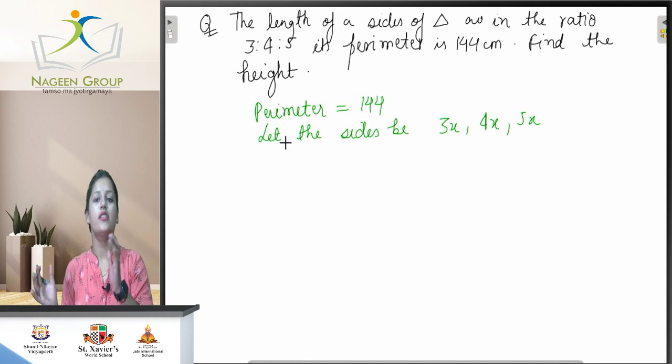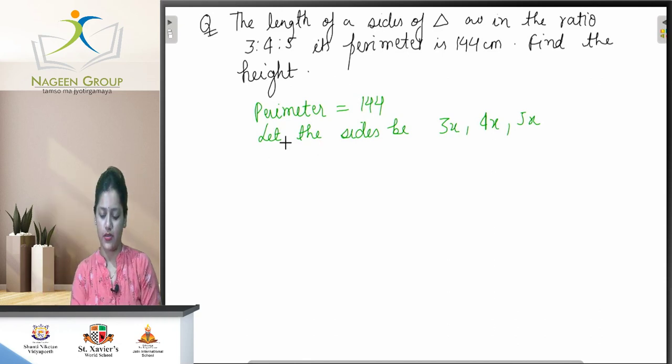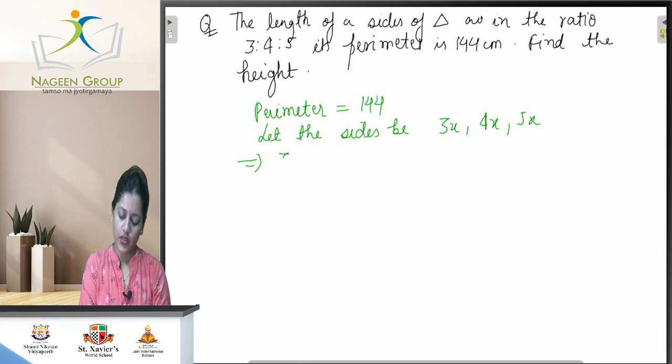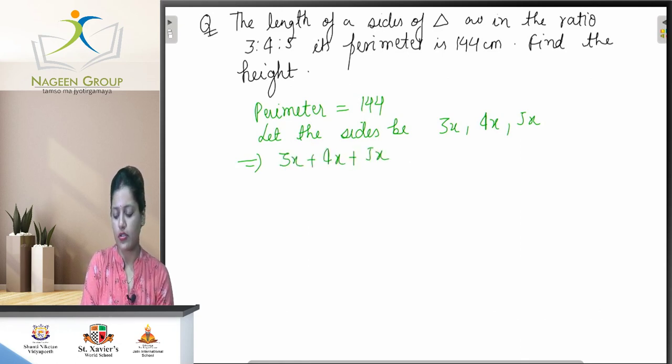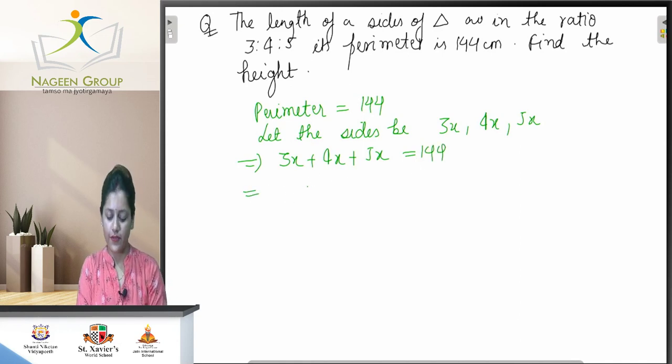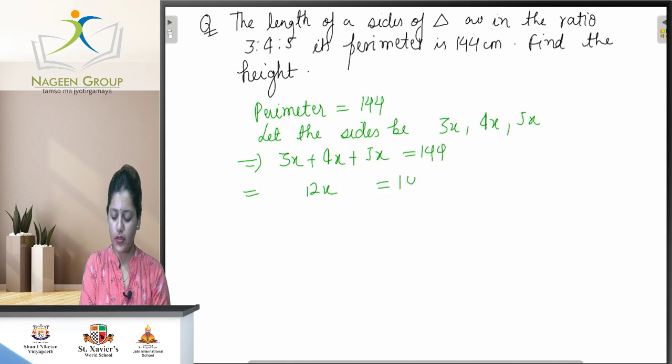So the sum of these all is equal to the perimeter. So 3x plus 4x plus 5x is equal to 144, and 4 plus 3 plus 5 is 12x equal to 144, and we get the value of x as 12.